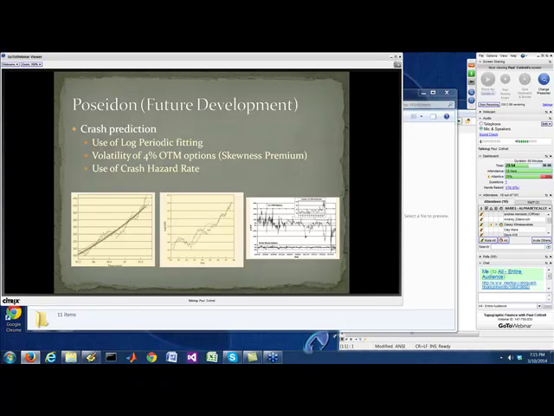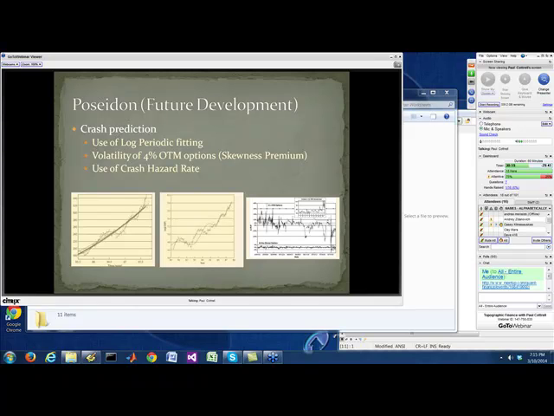Crash prediction not only at the macroeconomic bubble phase, but also in the intraday, for traders that trade regularly. Especially the intraday traders, they have the sense that there are these mini bubbles that happen throughout the day, and then they crash or mean revert.